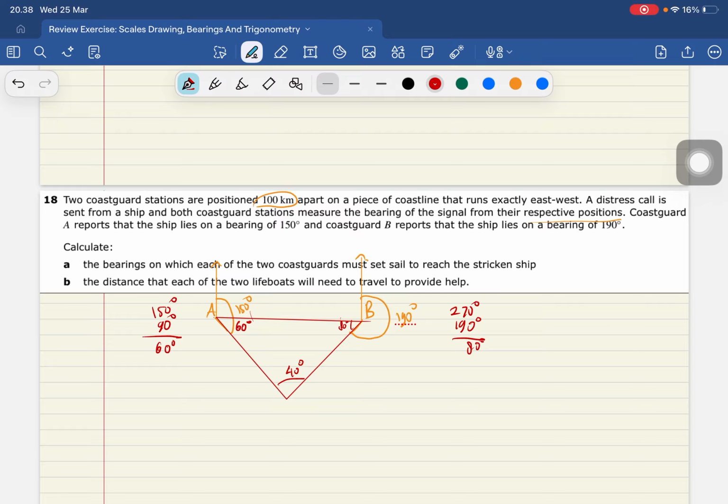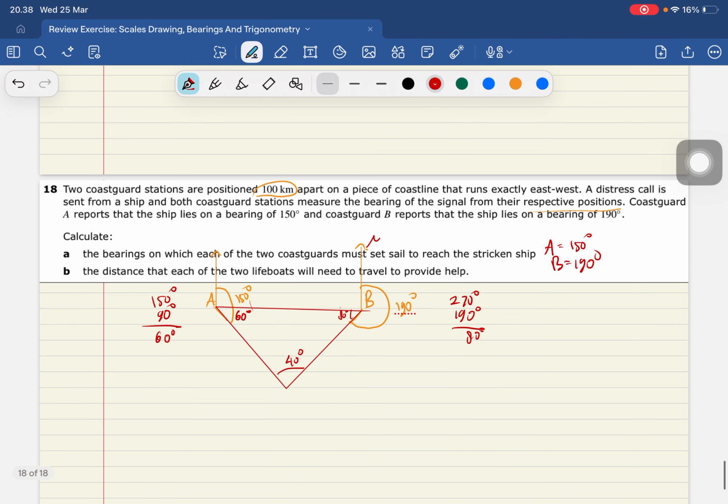So the bearing in which the two Coast Guards must set sail to reach the ship: for A, it's going to be 150 degrees. B is 190 degrees, because we start from the north directly.